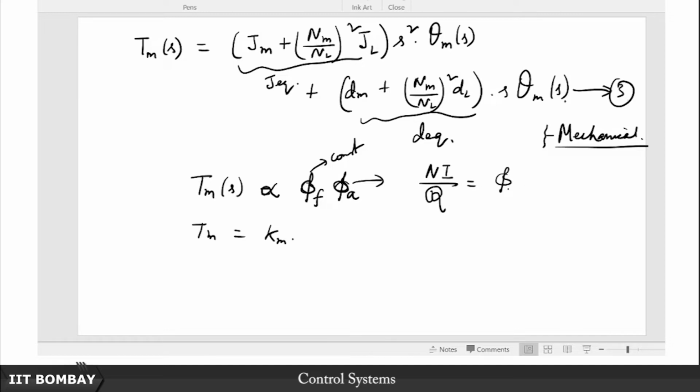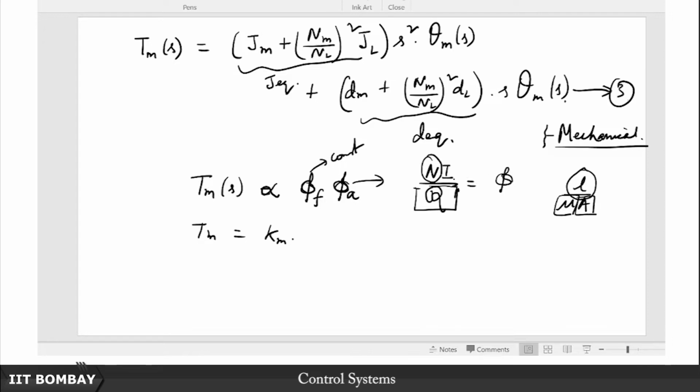In your magnetic circuit, if you recall, this reluctance was given by some physical parameters, L over mu A, where L is the length of the magnetic path, A is the cross sectional area, and mu is the permeability of the medium. These are all physical constants. N is of course the total number of turns.